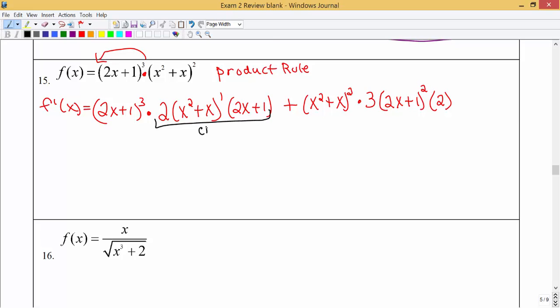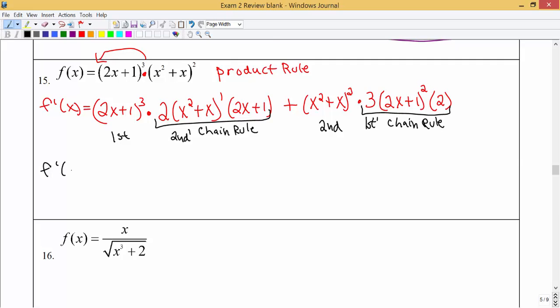So here we use the chain rule, and here we also use the chain rule. Okay, so it's the first times the derivative of the second plus the second times the derivative of the first.